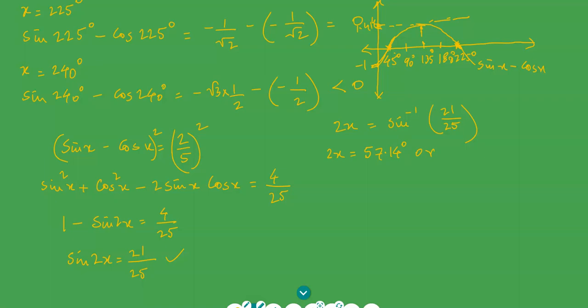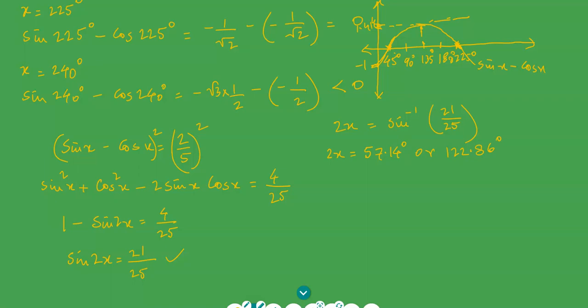It is a positive number, and we know sine is positive in the first and the second quadrant, and 57.14 is an angle in the first quadrant, so we will have another angle in the second quadrant, which will be 180 minus 57.14 degrees, and that is equal to 122.86 degrees.